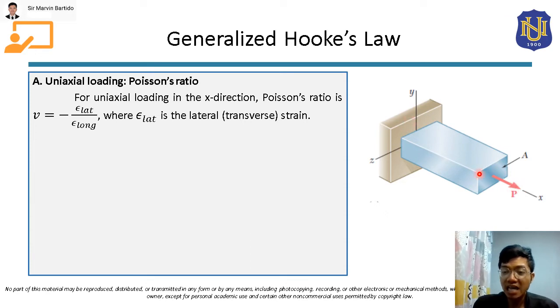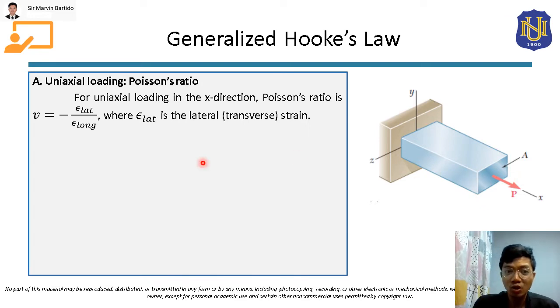The lateral directions will be the y-axis and the z-axis. Since the load is applied in the x-axis, the longitudinal direction is the x-axis, and the lateral directions are the y and z-axis.